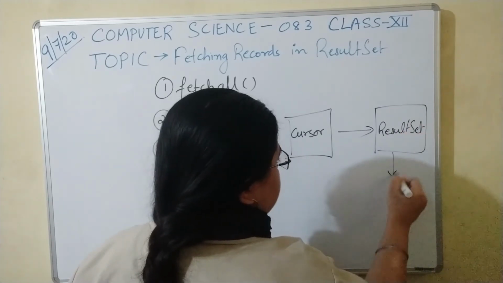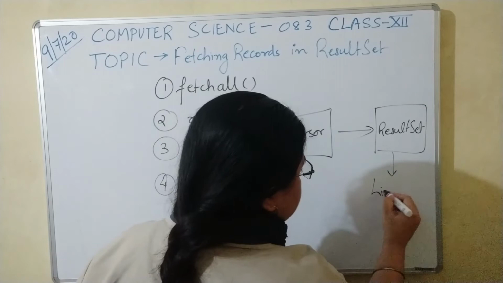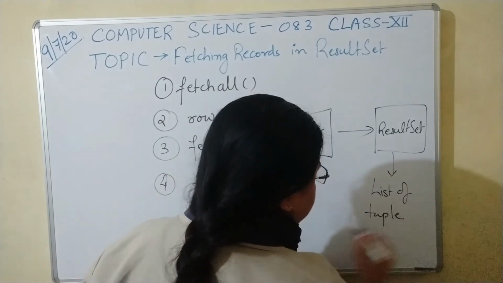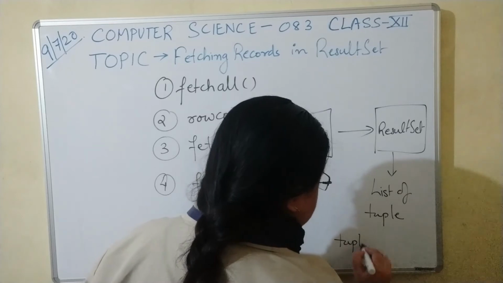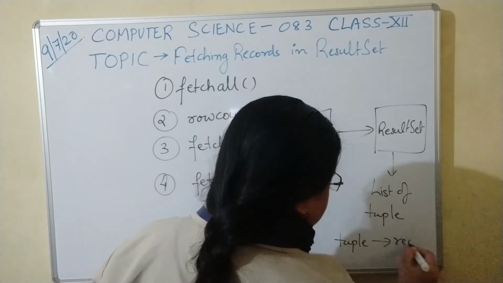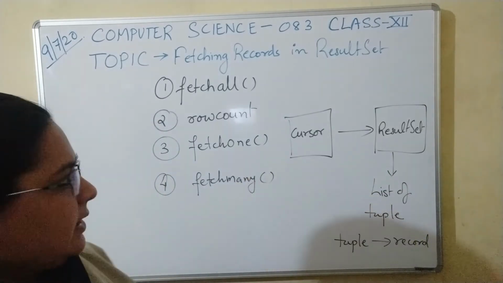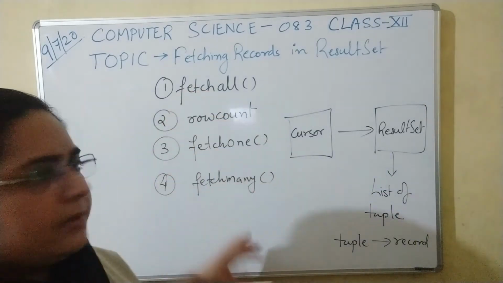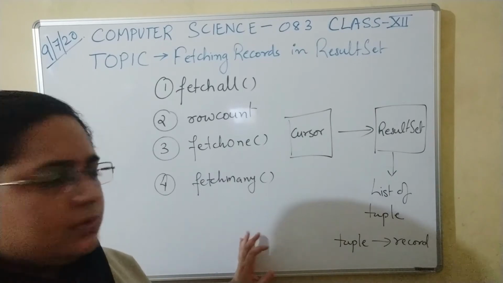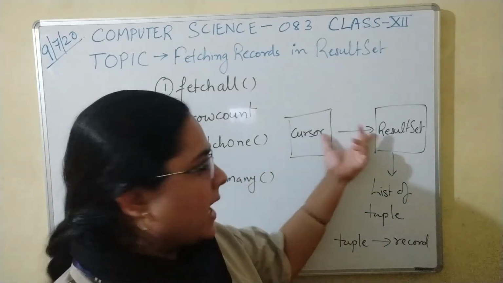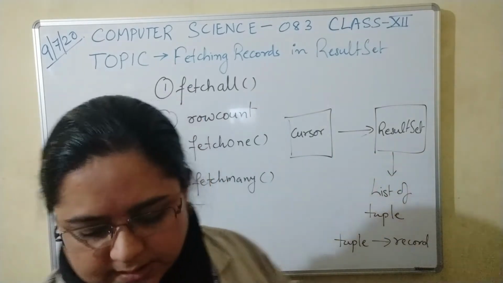As we know, a result set is a list of tuples where every tuple represents a record. We will be seeing how these four different methods are used to extract the tuples from our cursor and bring them into the result set.